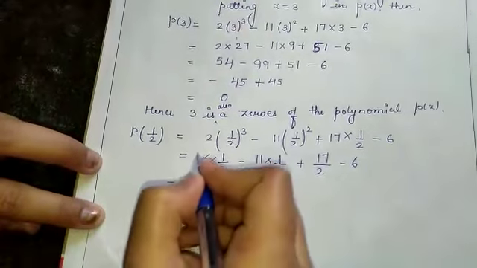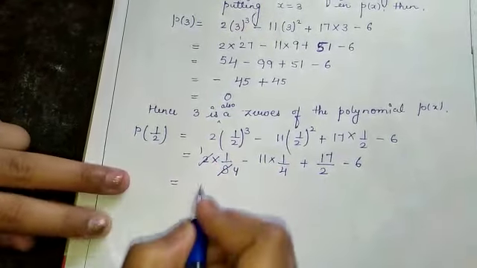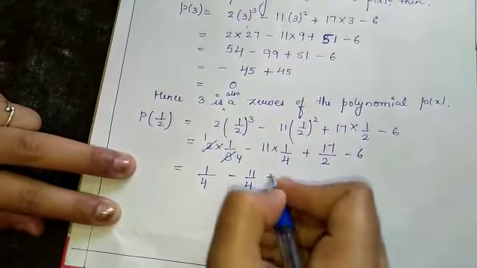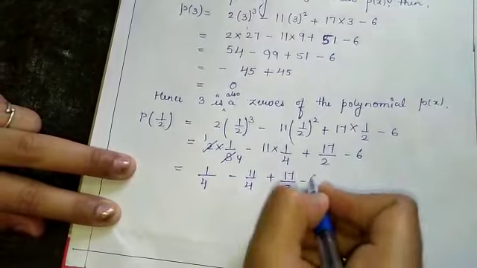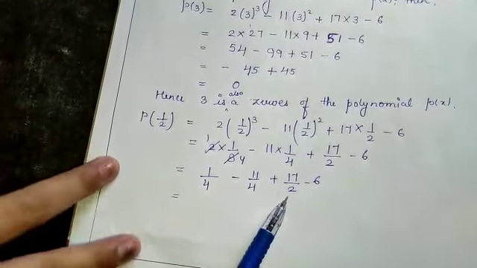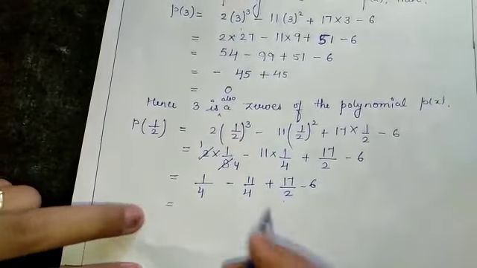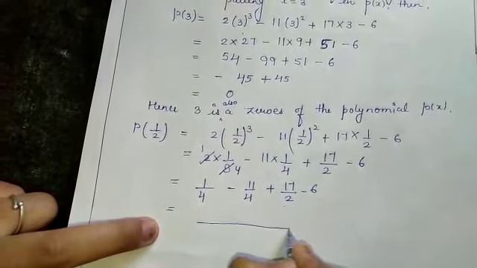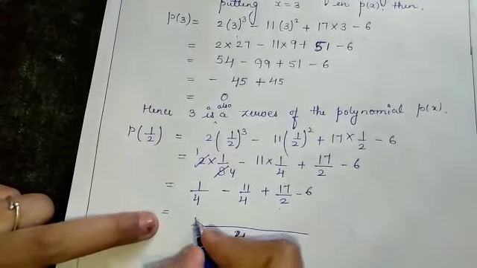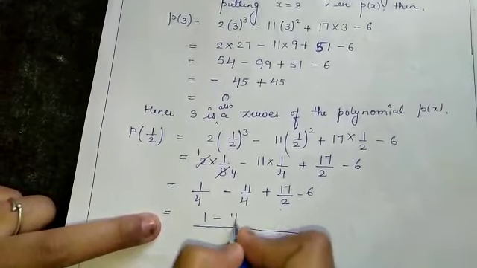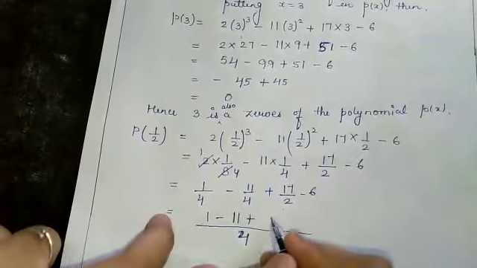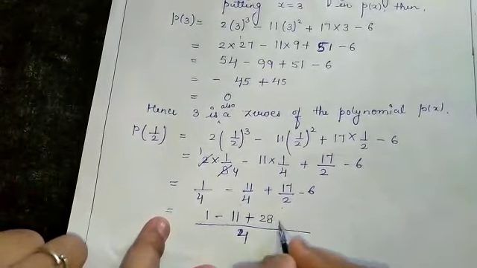Cutting 2 with 8 we get 4. So there is 1 upon 4 minus 11 upon 4 plus 17 upon 2 minus 6. So I'll take an LCM of 4 and 2, which is 4.